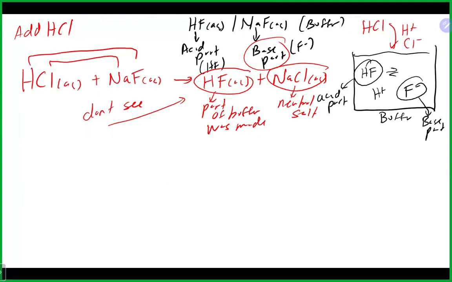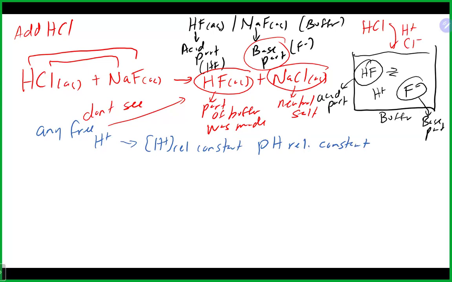But when you add that same HCl to this buffer, you end up not seeing any free H plus. And that means that the H plus concentration does not change all that much. And because the H plus concentration stays relatively constant, the pH will also stay relatively constant as well.